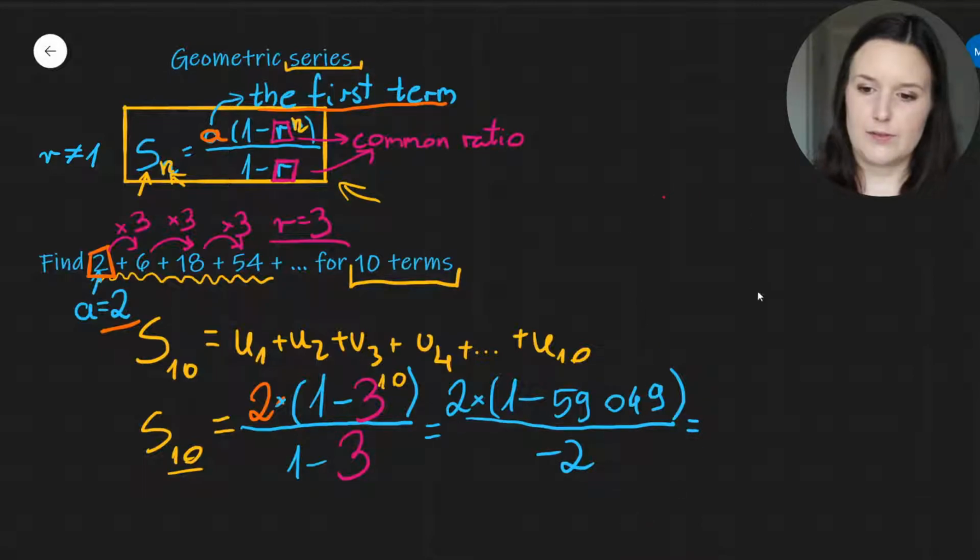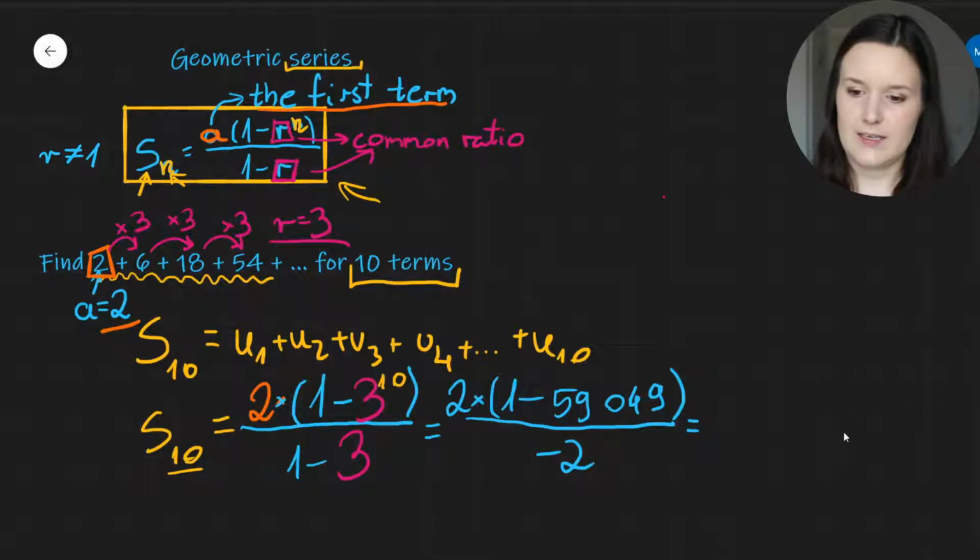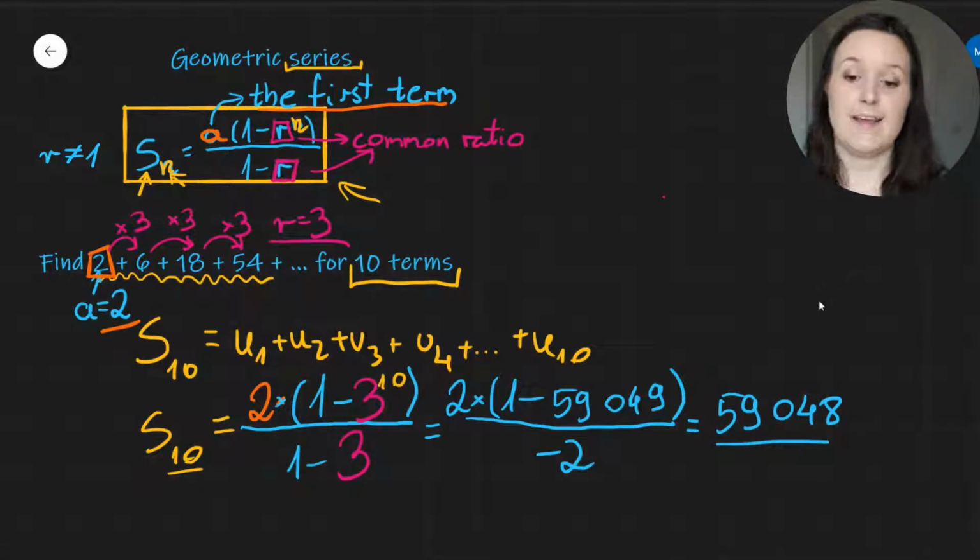So I have to do the next operation, 1 minus 59,049, or you can use a calculator and just type in everything at once. It's up to you. I will just perform these operations and I got 59,048. That's the sum of the first 10 terms.